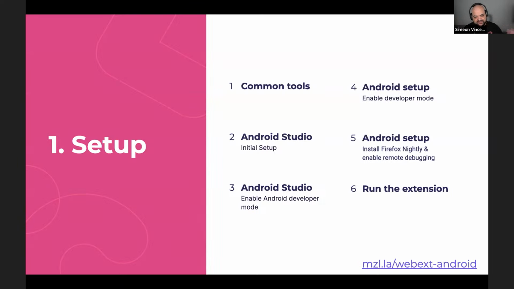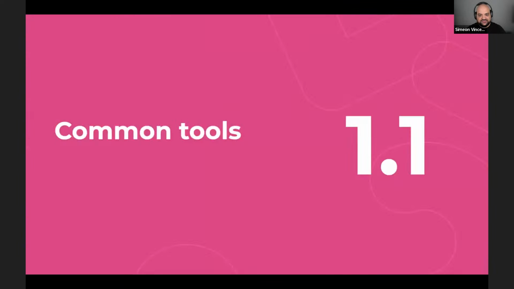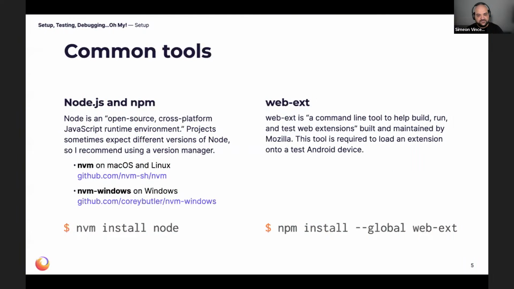So let's dive in. In order to get up and running, you're going to need a couple of common tools that aren't specific to Android development. Namely, you're going to need Node.js and WebExt. Node.js is a cross-platform JavaScript runtime that can be used to develop CLI tools or run Node.js on a web server.